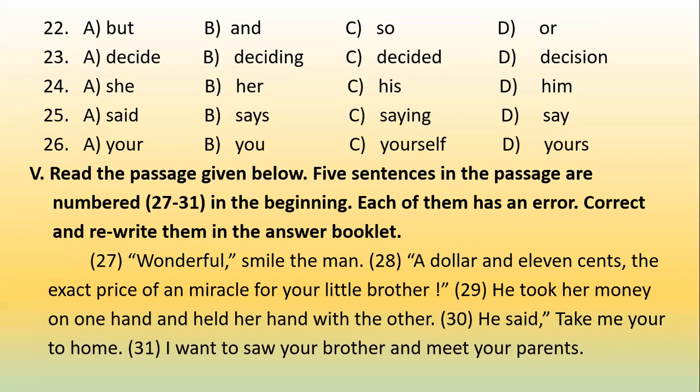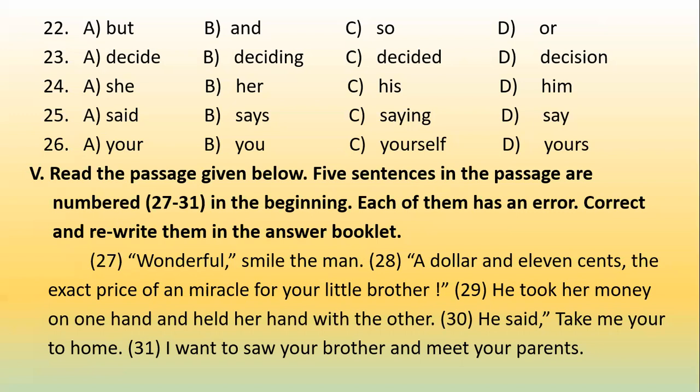So in this there is an error. What is that? See, $1.11. The exact price of a miracle. Here the article we have to change because M, miracle, it is a consonant. M is a consonant. So what do you have to write? Which article? So the whole paragraph you have to write.